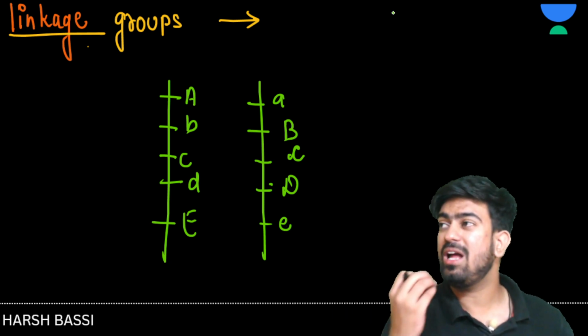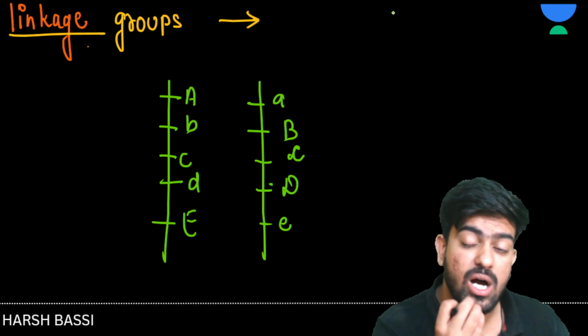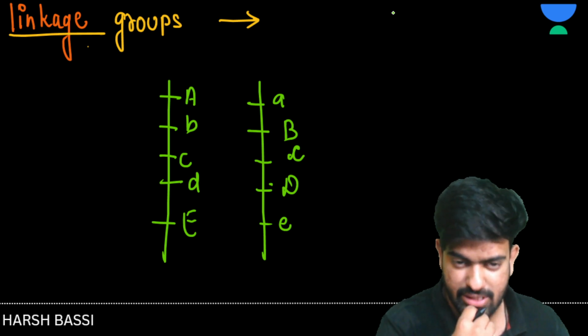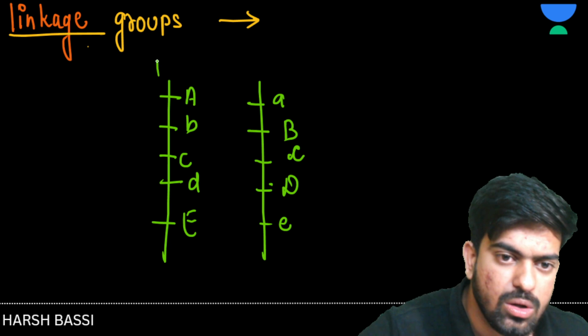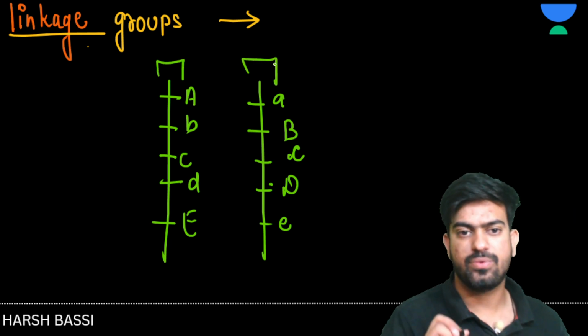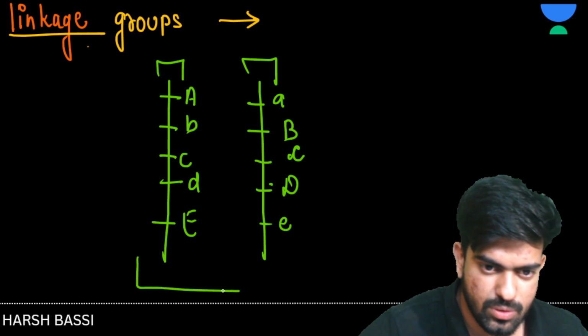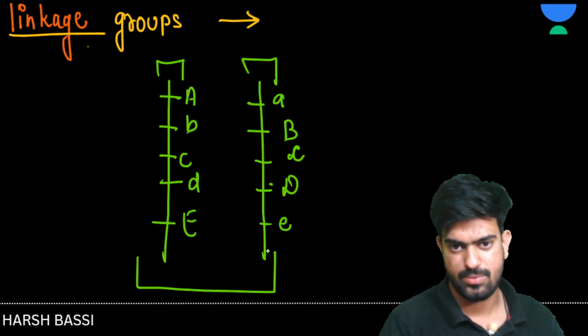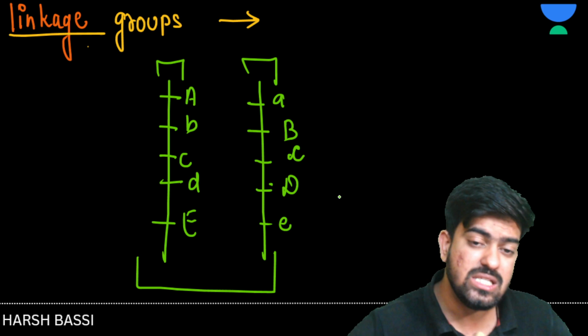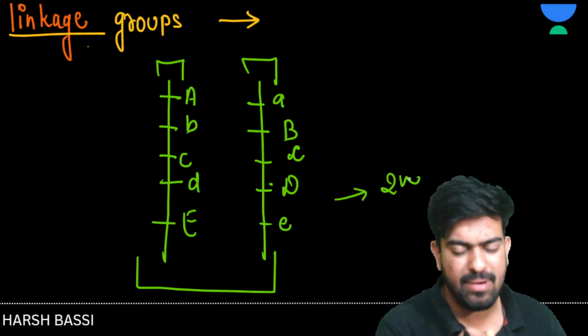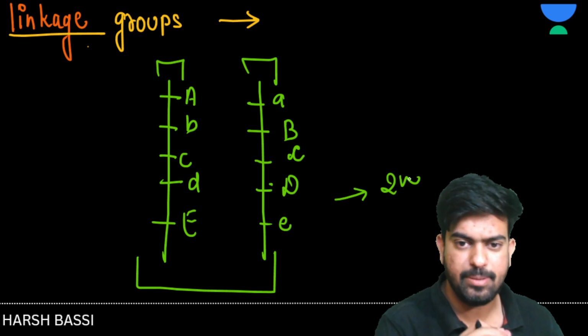Now, number of linkage groups. Sir, how can we know how many linkage groups can be there in a person? See, let's suppose this is chromosome number 1, and since it has one more pair, we think it might be diploid.